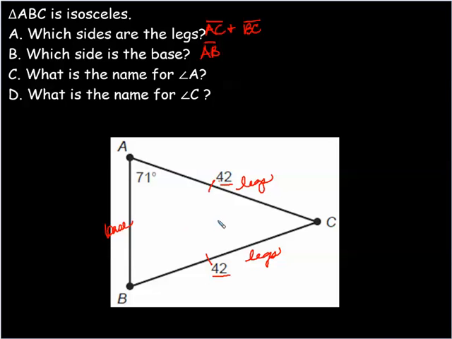And it says, what is the name for angle A? And you're thinking, isn't it angle A? Remember, not way back when, sorry, that the name of this angle and this angle right over here, those are called base angles.